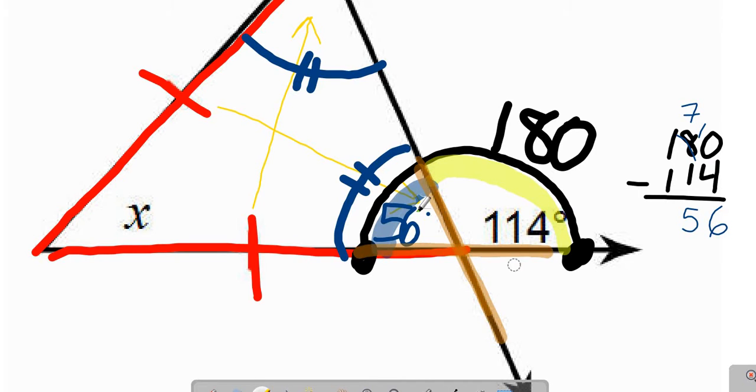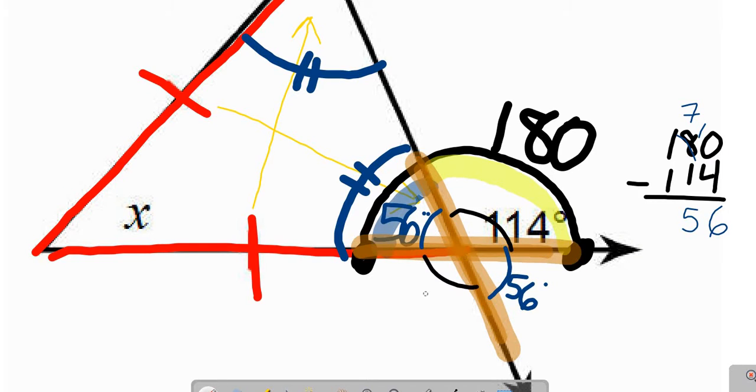See the orange? I'm going to make it a little bit bigger. Trace these two straight lines for me again. The angles across from each other are called vertical angles. They kind of look like a bow tie or cat whiskers. If this is 56 over here, this is also 56 degrees. And if this is 114, this is also 114 degrees.